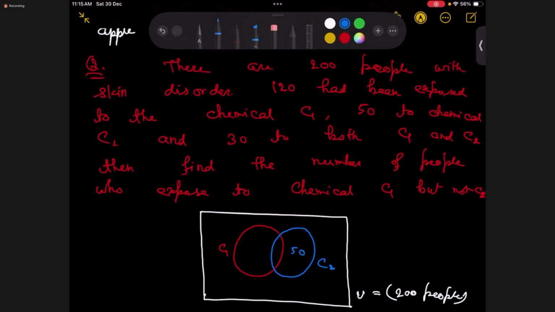This red contains 120 people, and the middle white portion contains 30.